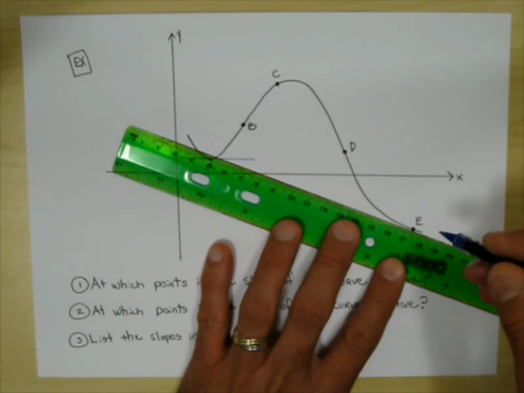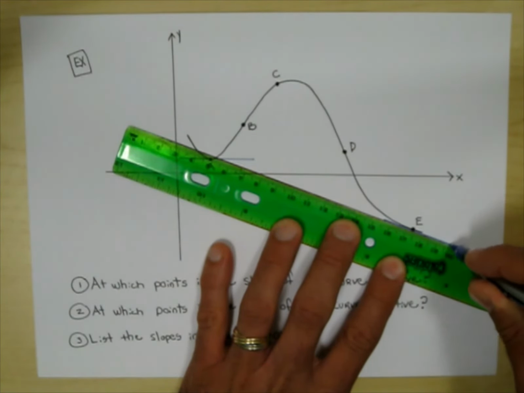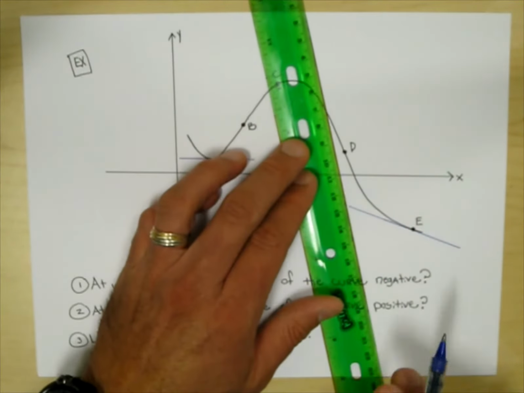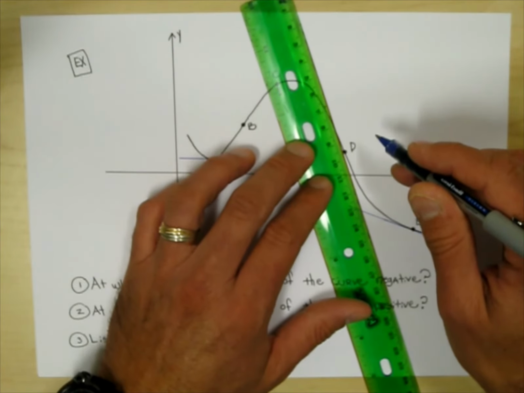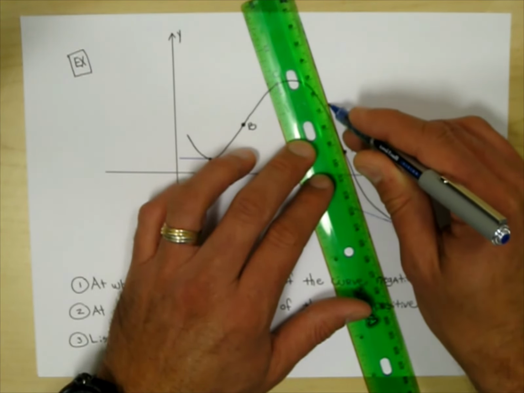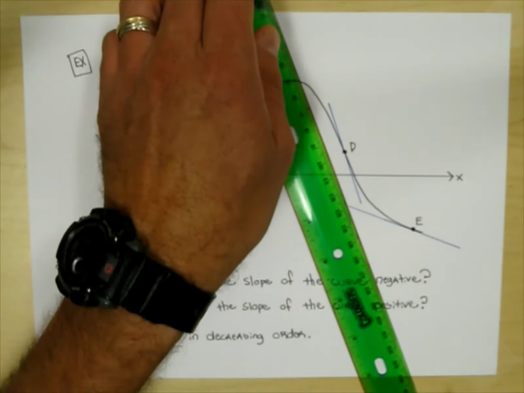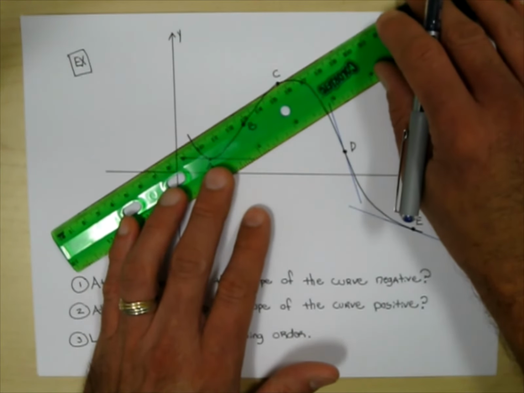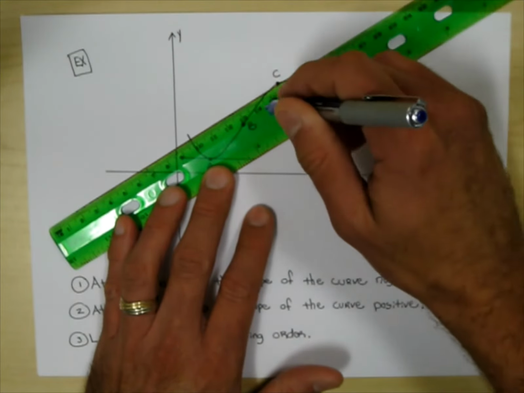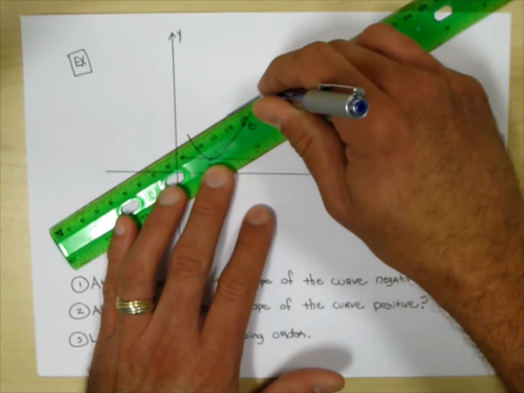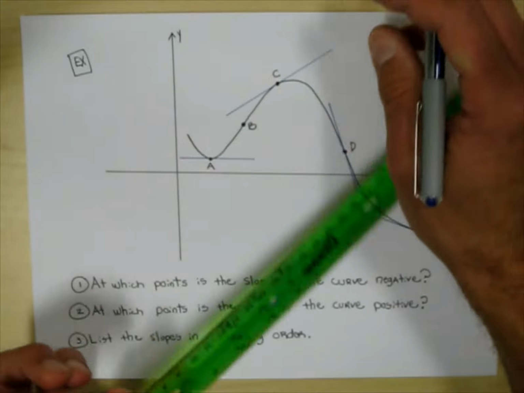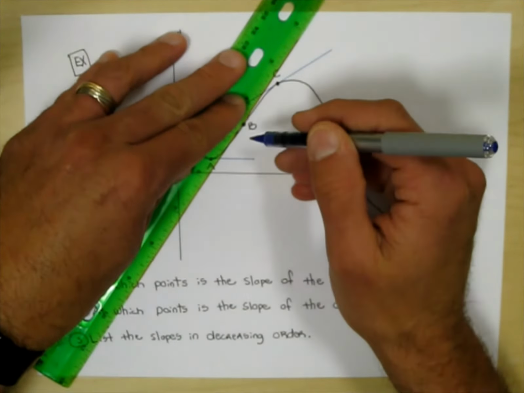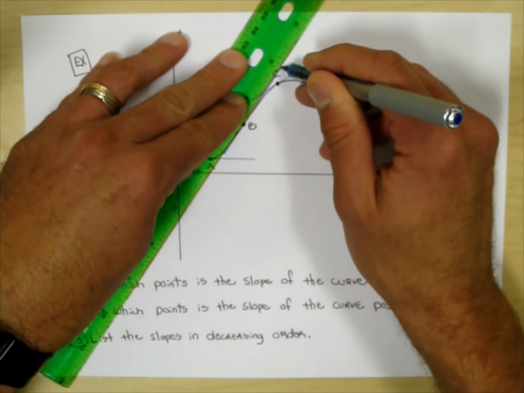This tangent line looks about right. This tangent line is kind of hard to draw, you just do your best. It's right there. C. We're just trying to draw a line that just nicks the surface there. Right there. And then B. That one's a tough one. Right there.